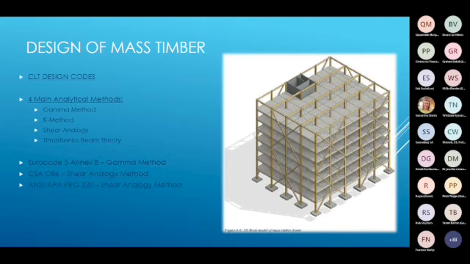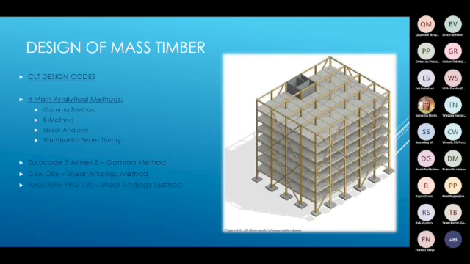So there are different codes that we can look at: the Canadian code, for instance, the American code, and the Eurocode, which we could use to design for CLT. I don't want to dive too deeply into the various analytical methods for calculating member capacities, but I should just mention them for the structural engineers on the webinar, just to help find a path to design with CLT.